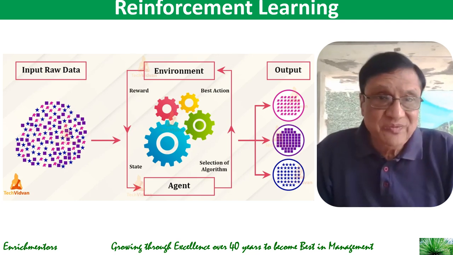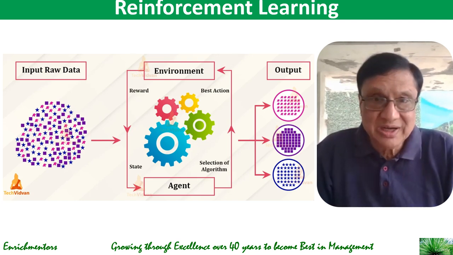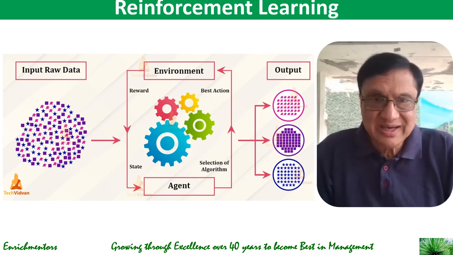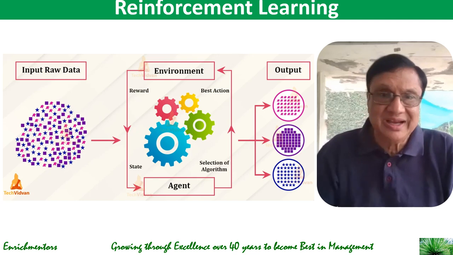The agent receives feedback in the form of rewards or penalties based on his or her action, allowing it to learn optimal behavior through trial and error. What are the examples of reinforcement learning tasks? Game playing, learning to play games such as chess or Go by maximizing score or winning probability. Robotics, training robots to perform tasks like navigation, manipulation, or control in simulated or real life environments.